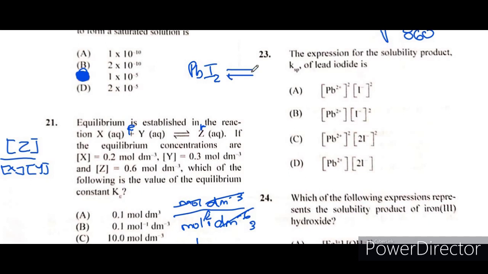Yes, Pb2 plus, and iodine is I minus, but we'd have two of those. So the charges would balance, because now you'd have 2 minus plus 2 plus, and that's 0, and over here we already have 0. All right, the solubility product would be the concentration of Pb2 plus times the concentration of I minus squared, because we have the 2 here.